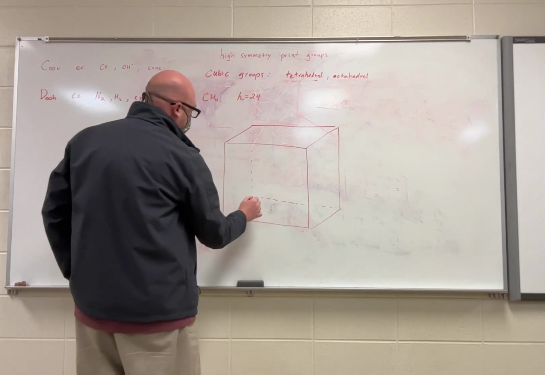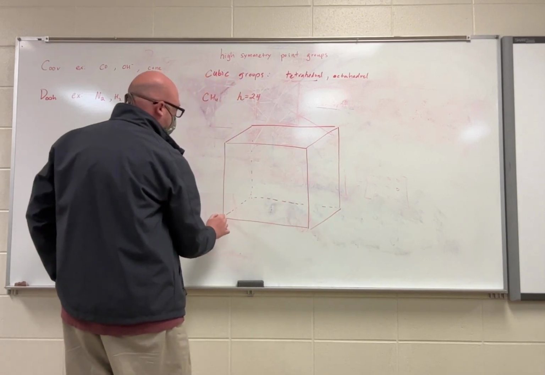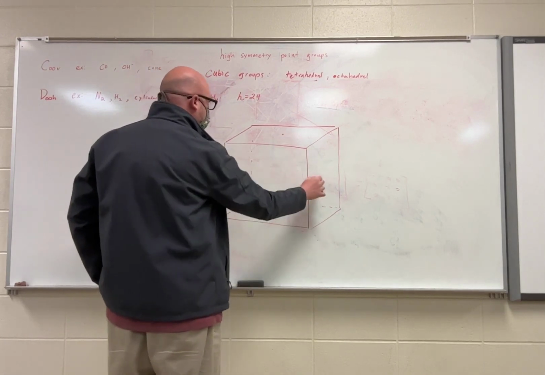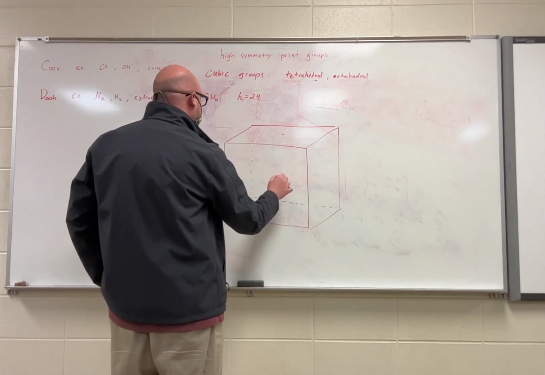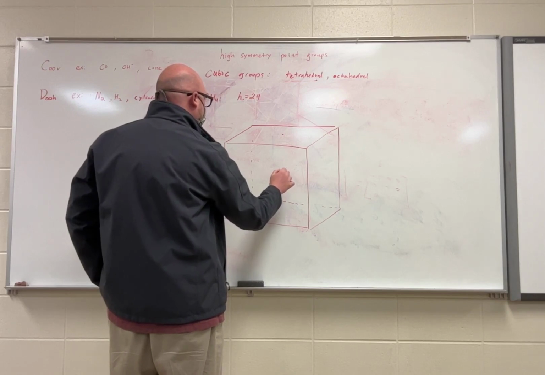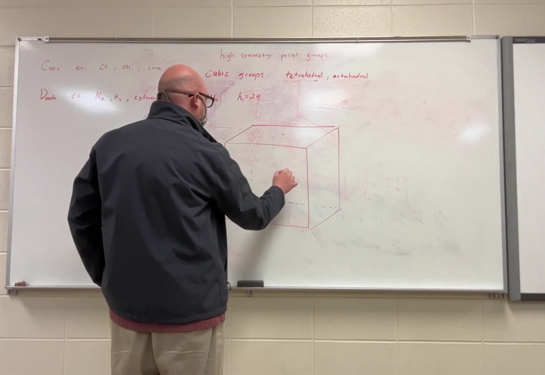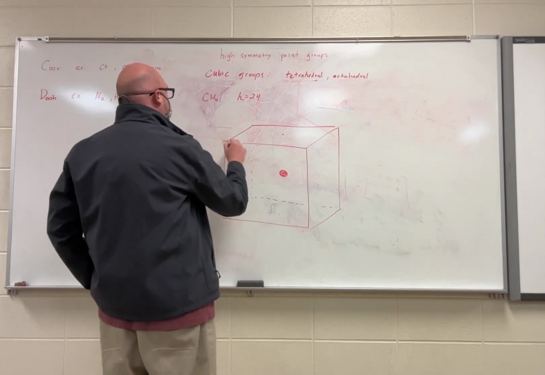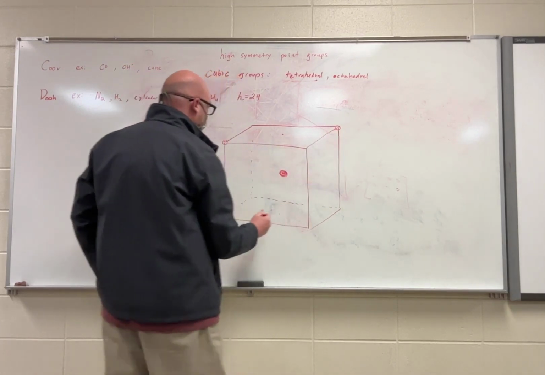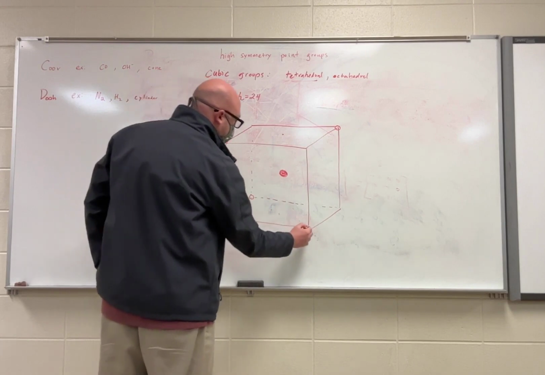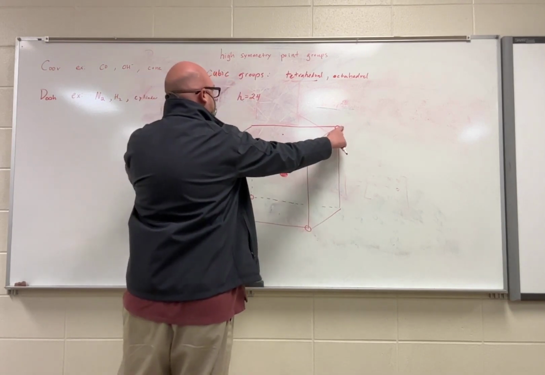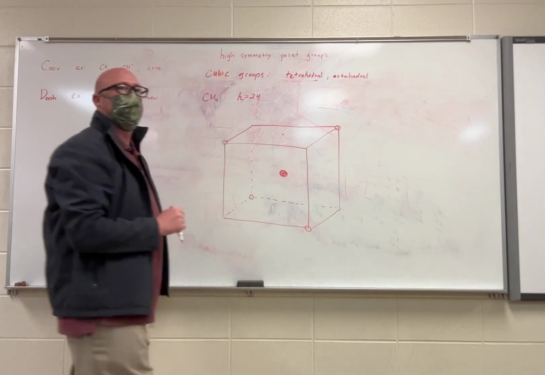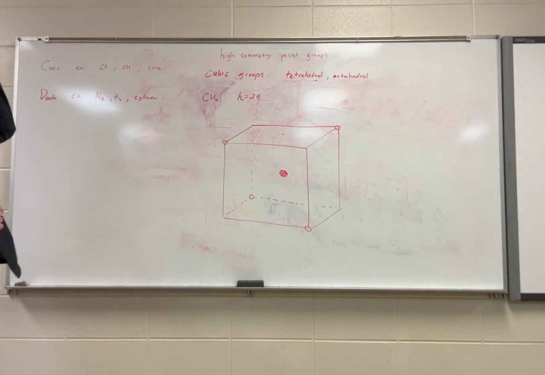And then we'll look at the threefold symmetry. Right, so if I take my center points here, so here's the carbon. I'll take two hydrogens out here, and then two hydrogens here, so that this diagonal is perpendicular to this diagonal. Okay?